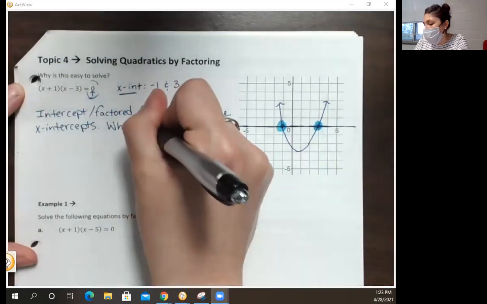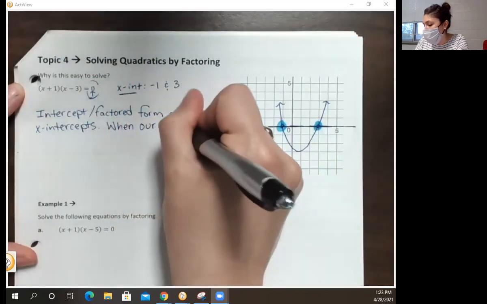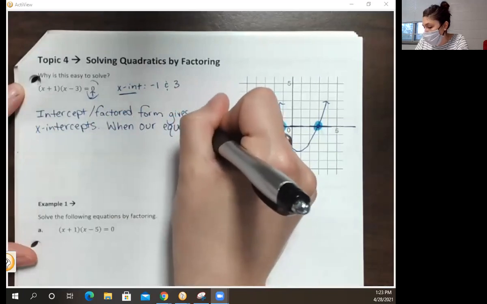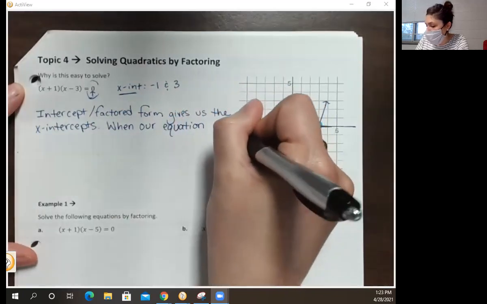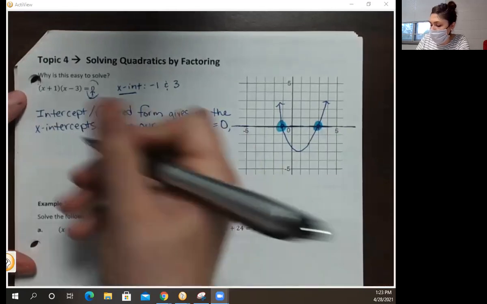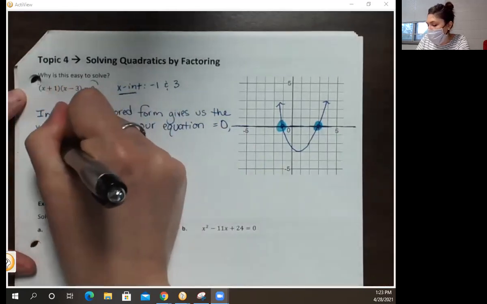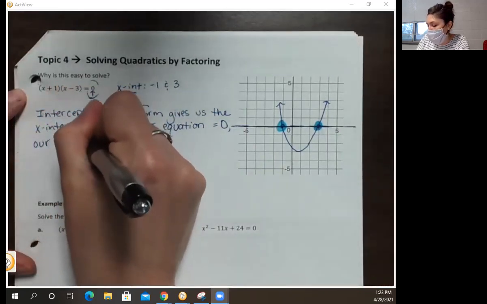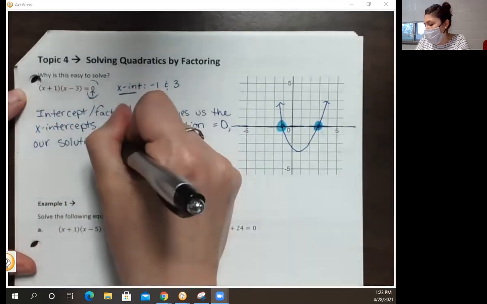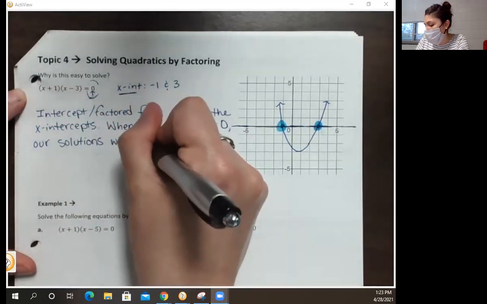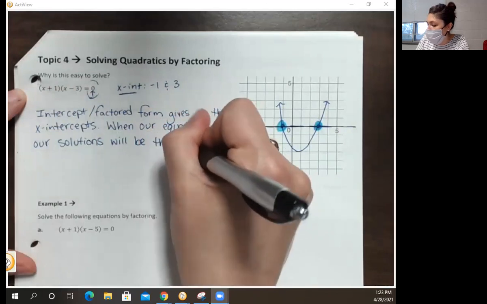When our equation equals 0, our solutions will be the x-intercepts.